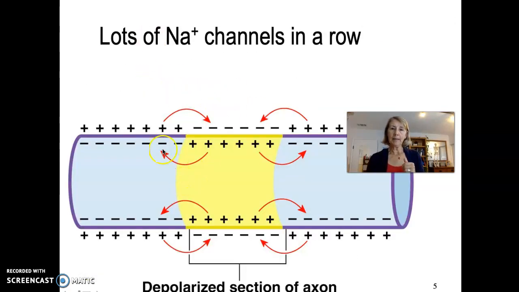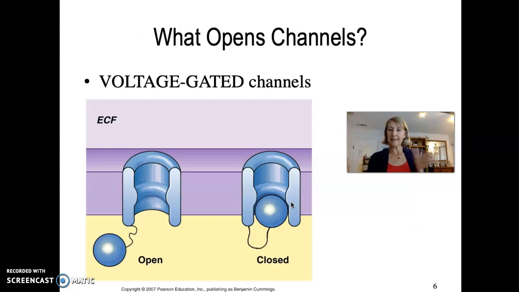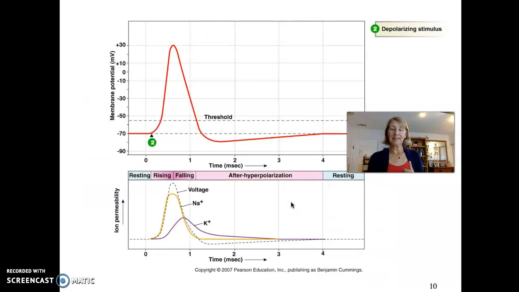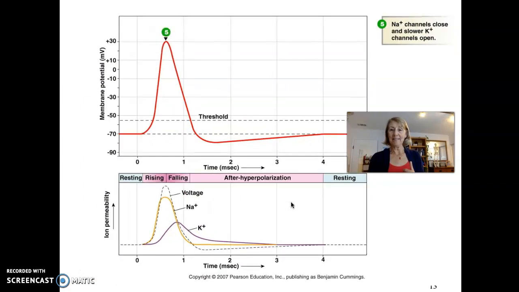It's happening here and here and then there and then next and then next, and it's going to continue happening all the way along that axon, flipping this opening and closing of channels. And that change of charges is electricity, really. It's current that's moving along this axon till it gets to the very end of that neuron.